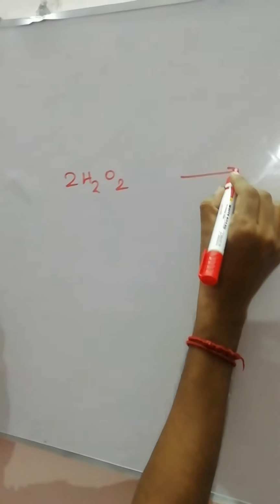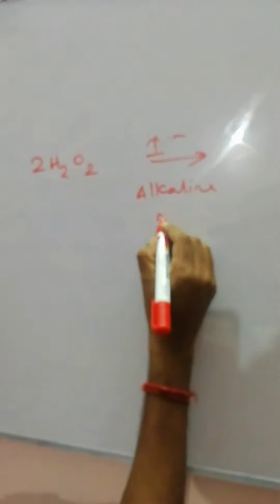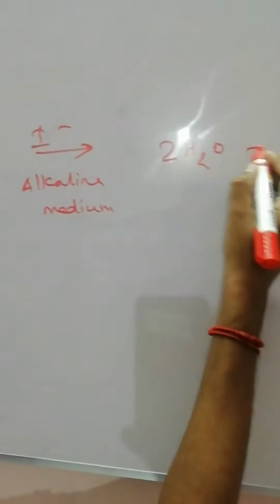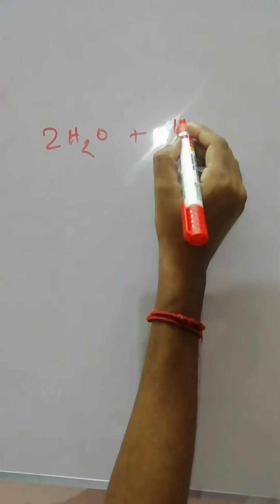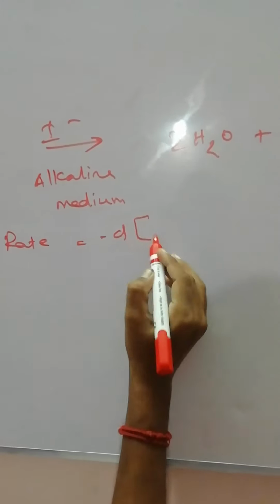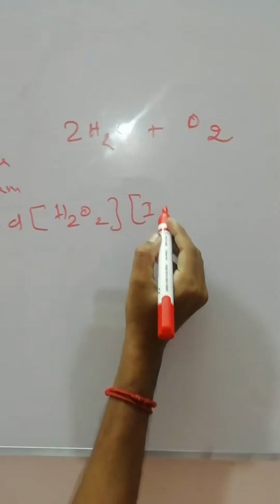2H2O2 with I minus in alkaline medium gives 2H2O plus O2. So these were the steps for this reaction. For this reaction, rate is equal to minus d by dt of H2O2, plus I minus.